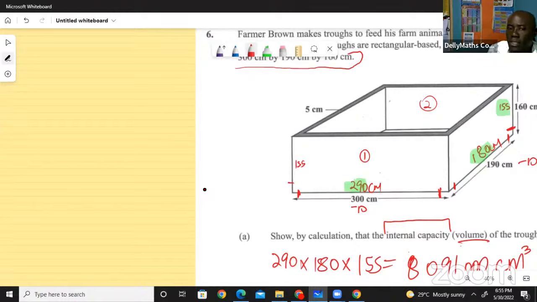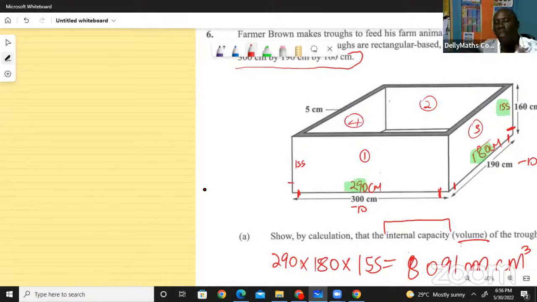If you look over this side here, on the inside, we're going to get a 180 by 155. Let me take this off just to highlight it. I could call this internal surface 3, and then there's a twin over here, internal surface 4. So I want us to be thinking like that.